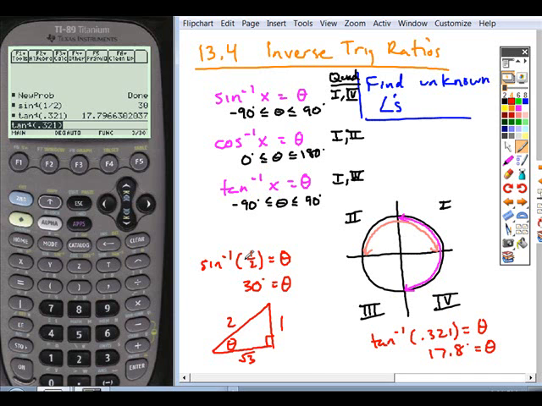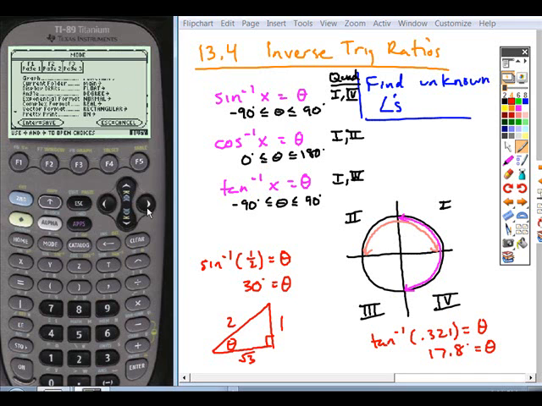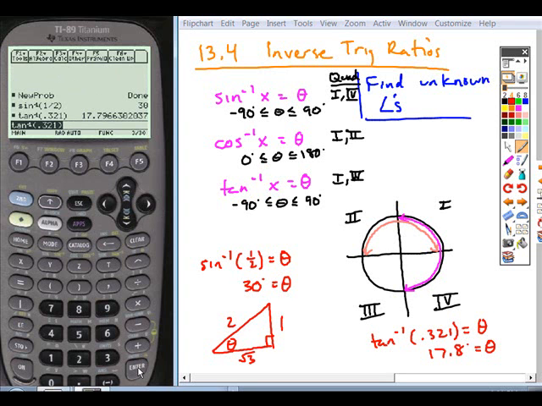So we put it in radian mode, so we can change our mode. Move it down to the angle setting and change it to radian. How would I have to enter this if I was asking you for radians? What would I have to do different?